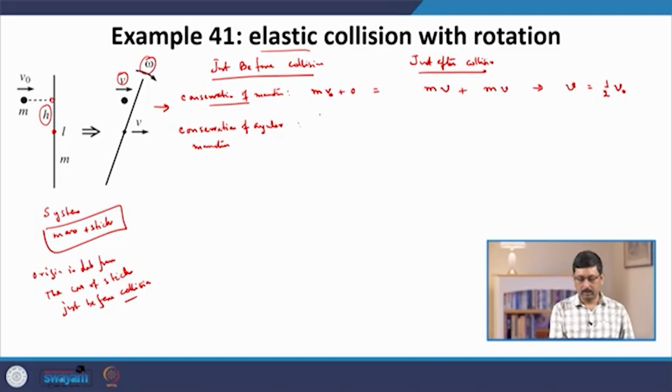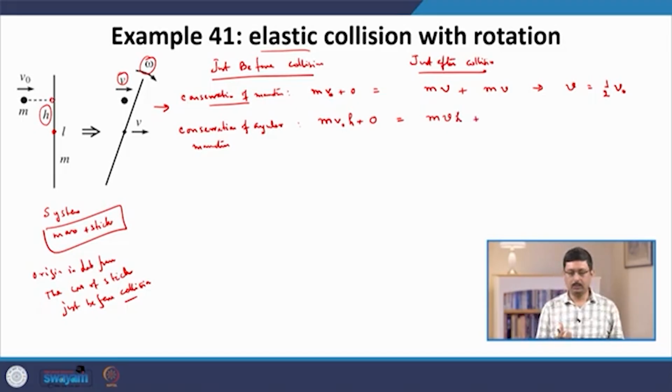So the angular momentum is mv naught h. The stick was at rest, its angular momentum is 0. After the collision, the angular momentum of the point mass is, let us say, mvh.